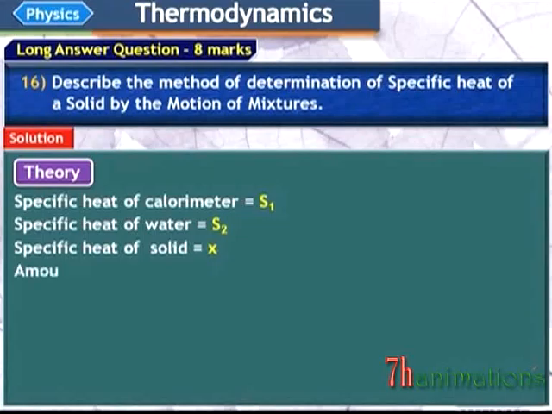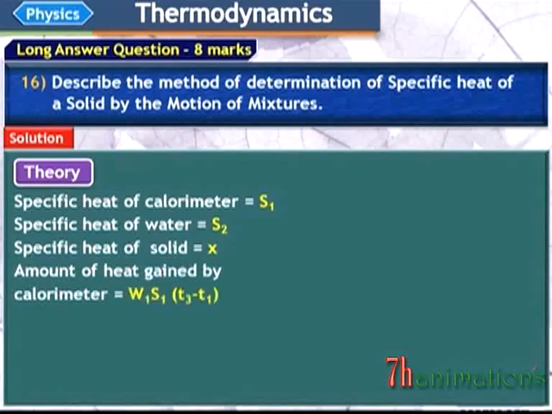Now, the amount of heat gained by the calorimeter, using the equation Q, that is amount of heat energy taken by a substance, Q equals mass into specific heat into temperature difference, that is Q = M S ΔT.